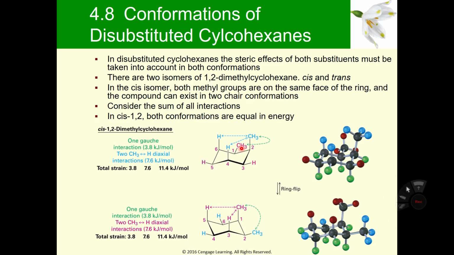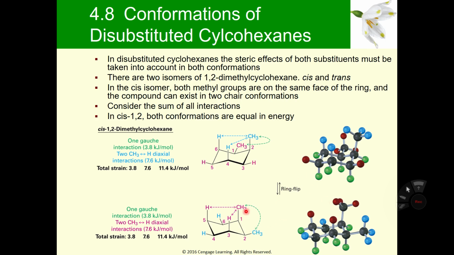So therefore, the energy of this system, 1,2-dimethylcyclohexane, will be one gauche and two 1,3-diaxial interactions. And we know the 1,3-diaxial interaction between H and CH3 is 3.8. Therefore, the energy of this compound will be 3.8 plus 3.8 multiplied by 2, because you have two 1,3-diaxial interactions. It will give 11.4 kilojoules. Even after the ring flip, the situation is the same.